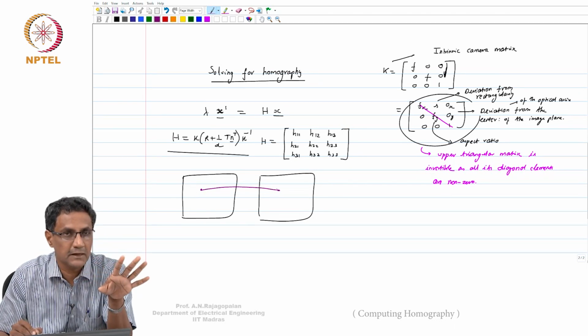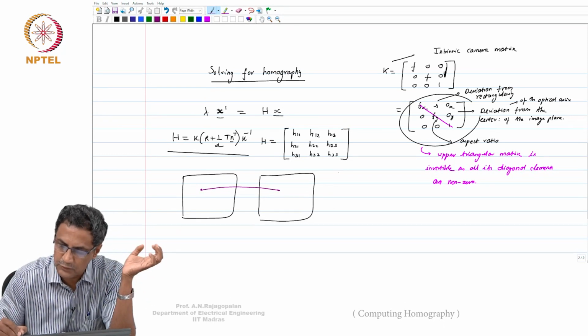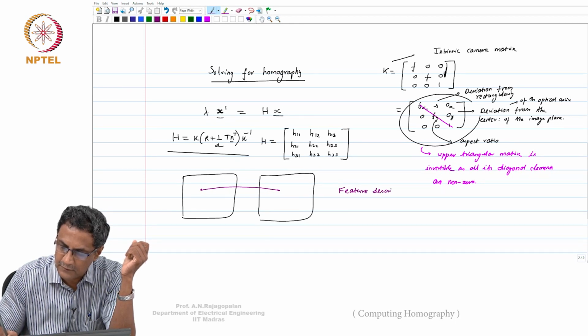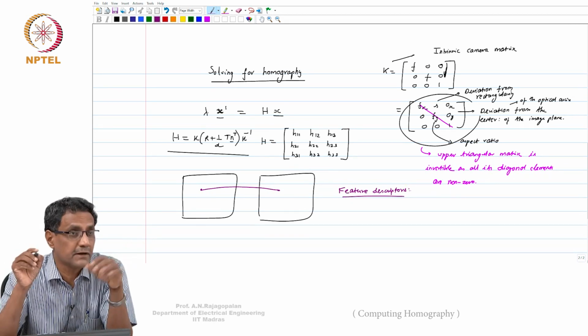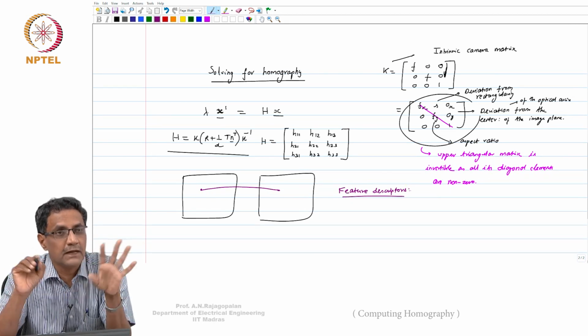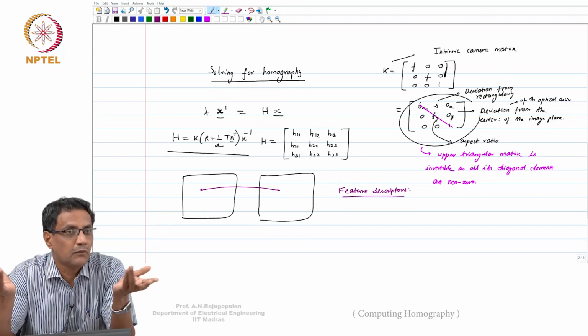Now, this is not typically done manually. What is typically done is you use some feature descriptors, and there are several of them. In fact, people have spent a whole lifetime trying to find out what kind of features are good to match.